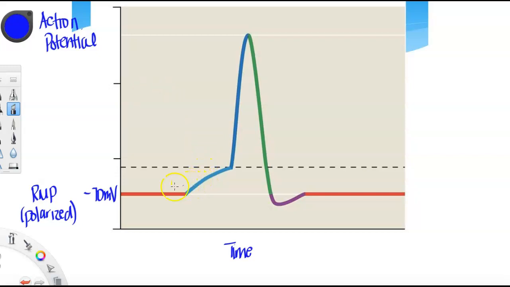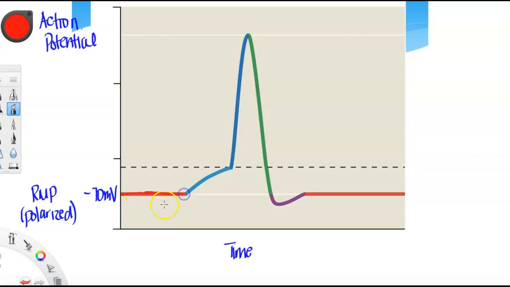Okay? So if this is the neuron or the muscle cell, either one, because they're both going to carry the action potential, here they are at rest, in the red.